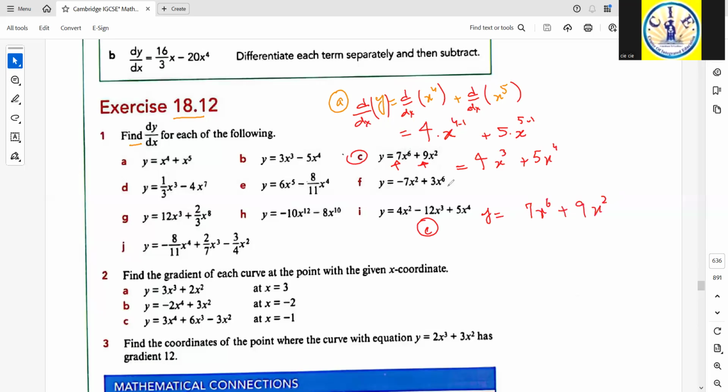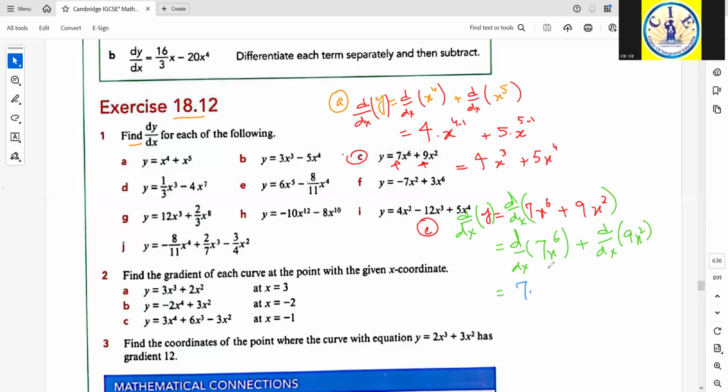So we need to differentiate on both the sides, d by dx of y and then d by dx of 7x^6 plus 9x square. That would give us the derivative of both the terms to be calculated separately.